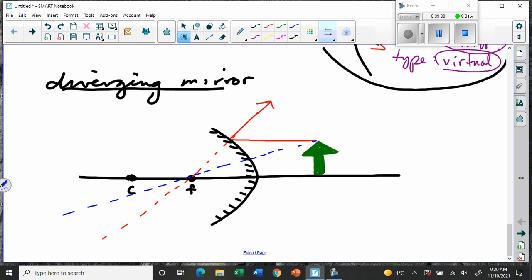And the light ray is going to follow that line towards the focus, but it's going to stop at the mirror, and it's going to bounce back parallel. That's the rule. So it's the same rule, but the lines just look different each time. Now you'll notice that the lines do not meet on the right-hand side, but they do meet inside.